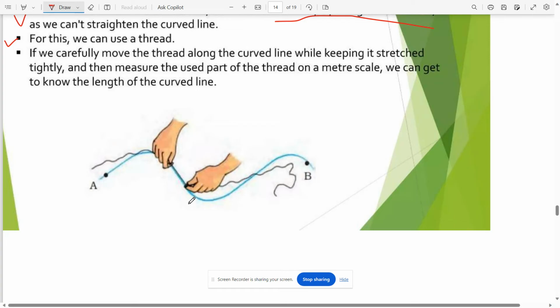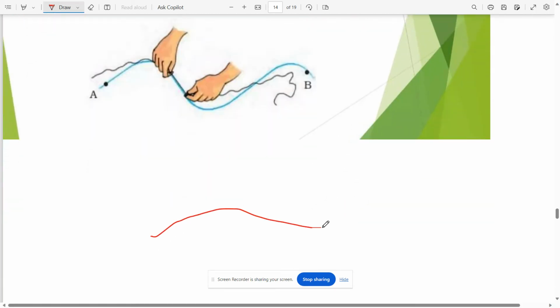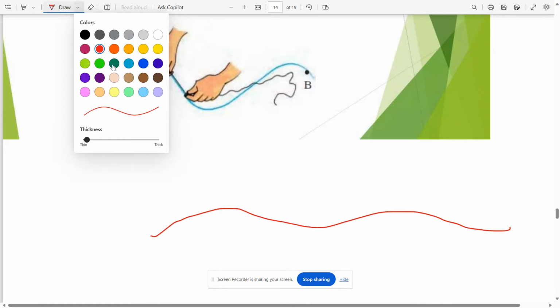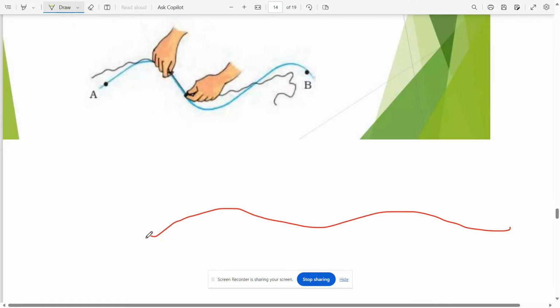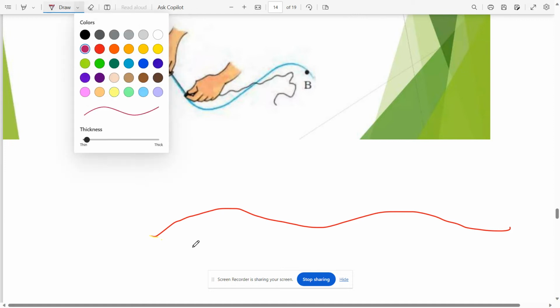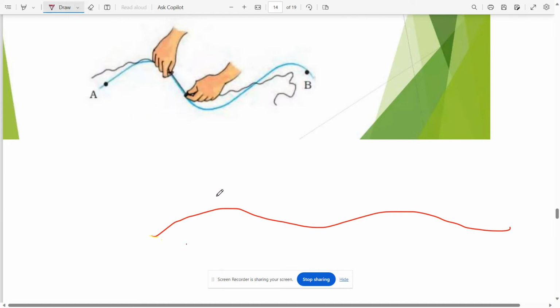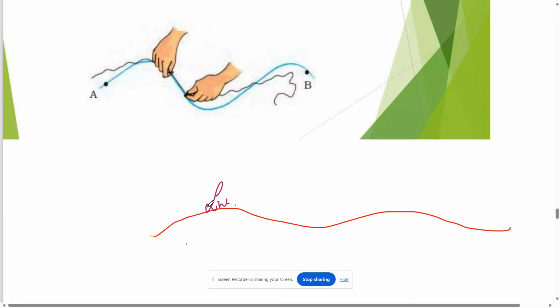Suppose this is a line on an object, or a rope, or a curved steel wire. So we need to measure it.